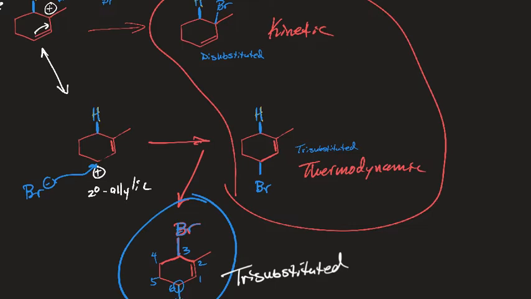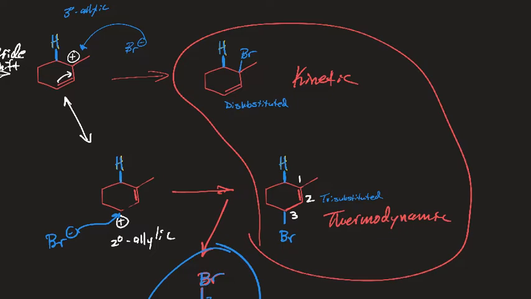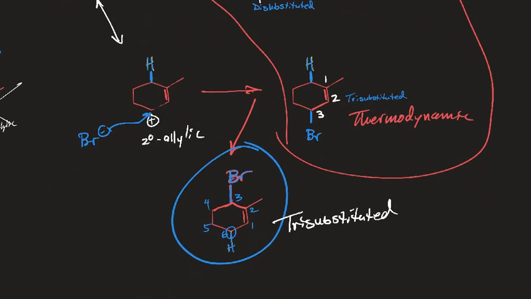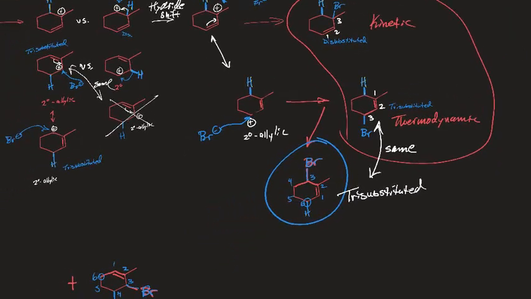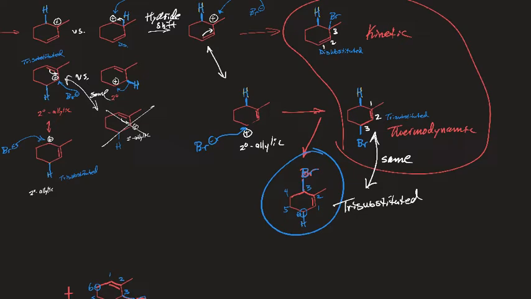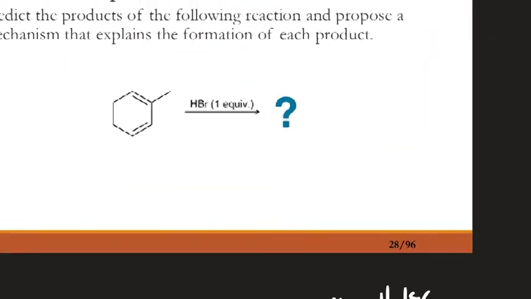I'll point out that the numbering of this would be 1, 2, and 3 like that, and 1, 2, and 3 like this. Actually, now I'm looking at these are the same. So you'd get a mixture of the two products. All right, so yeah.